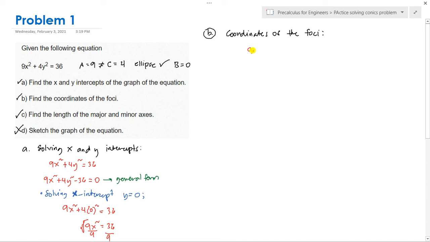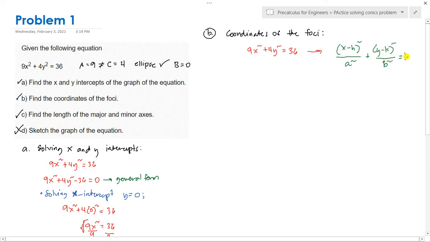We have the given equation 9x squared plus 4y squared is equal to 36. We should convert it into the standard form, because in the standard form we can immediately see its parameters. So it should be x minus h squared all over a squared plus y minus k squared all over b squared is equal to 1.